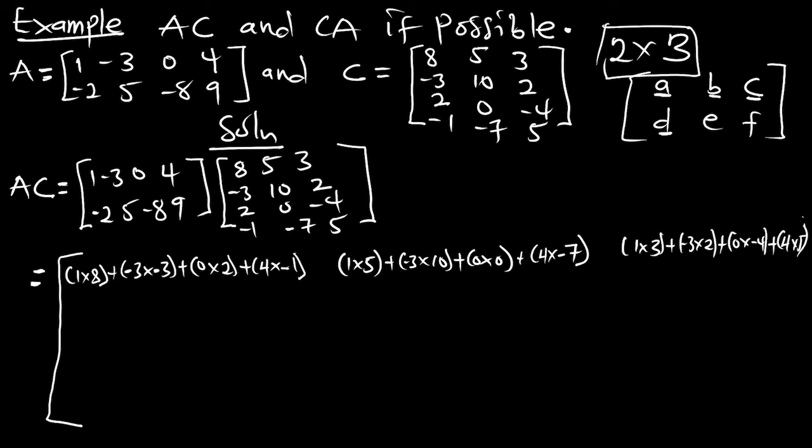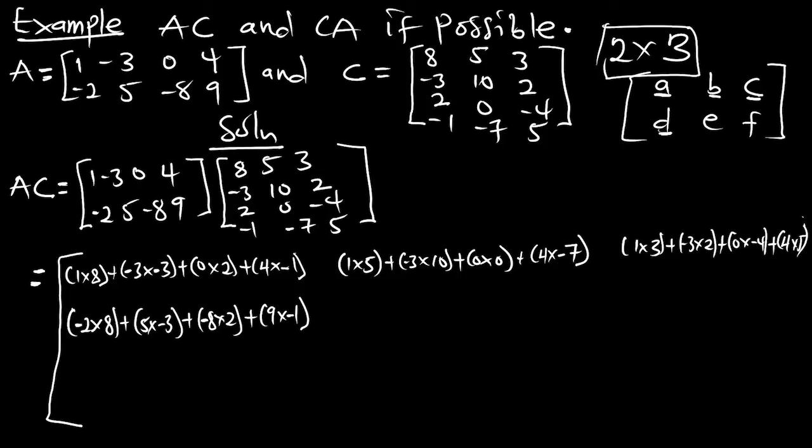With the second row, we are going to have negative 2 multiplying 8, plus 5 by negative 3, plus this negative 8 and 2, plus 9 by negative 1. So that's for the D, second row, first column.